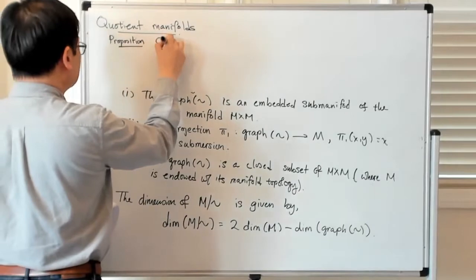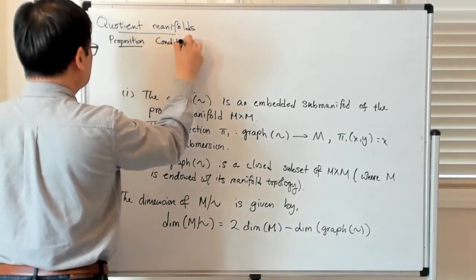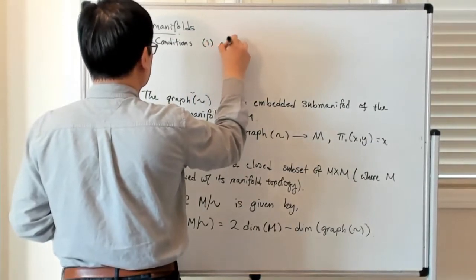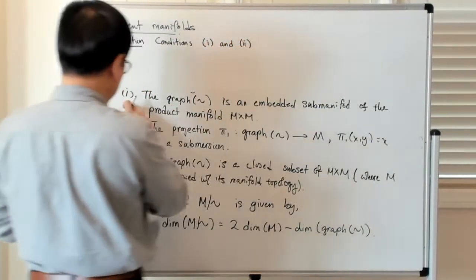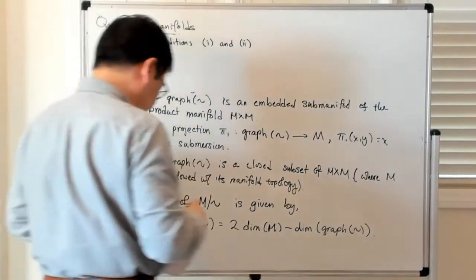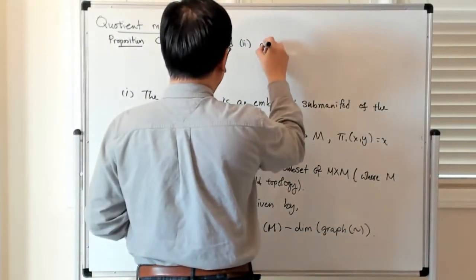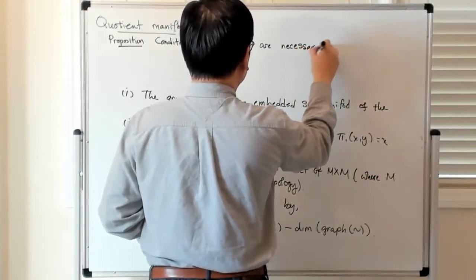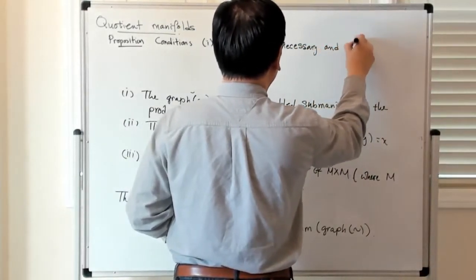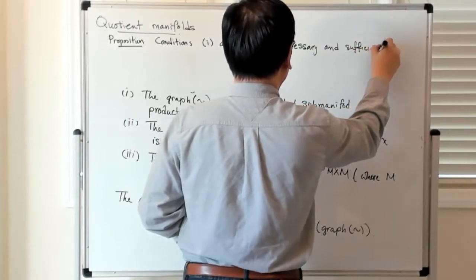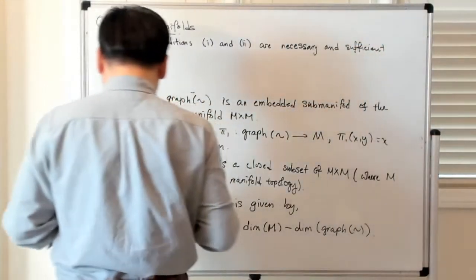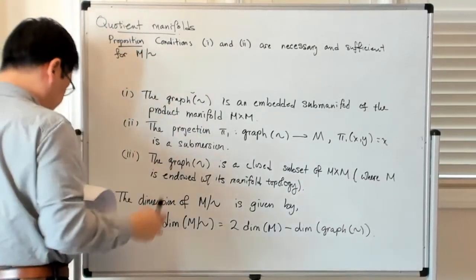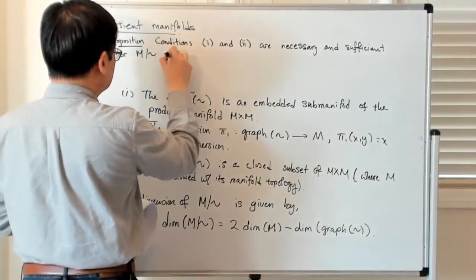Conditions 1 and 2, where I literally mean these two conditions, are necessary and sufficient for the quotient to admit an atlas.